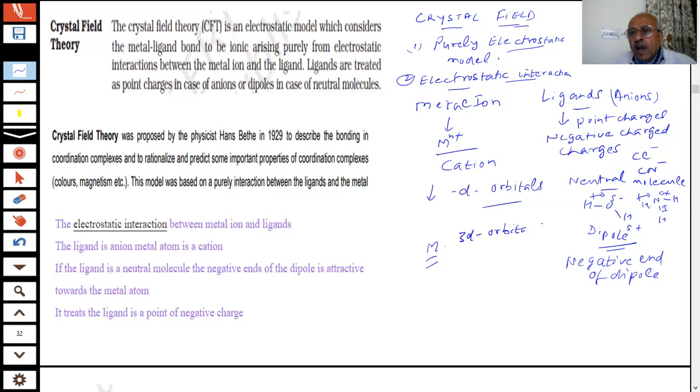The metal is positively charged, but there are electrons in the 3d orbitals. Now the negative charge is approaching the metal. You have seen in coordination compounds octahedral, tetrahedral and square planar shapes, so the ligands approach the metal ion. Before the ligands approach, there are five d orbitals. How many d orbitals are there? Five d orbitals.